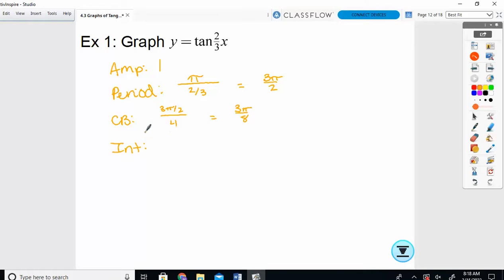Interval can be helpful. With tangent, what was the nice interval I told you we should use? So if I'm trying to solve for x, we could multiply everything by 3 over 2.